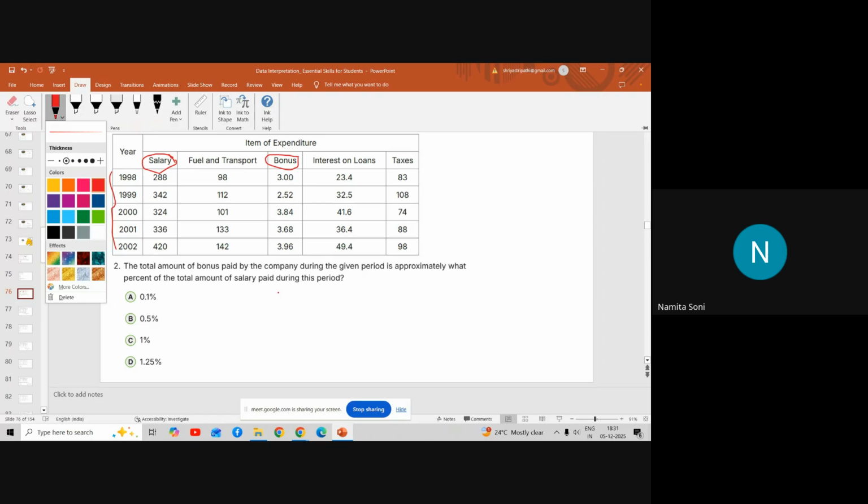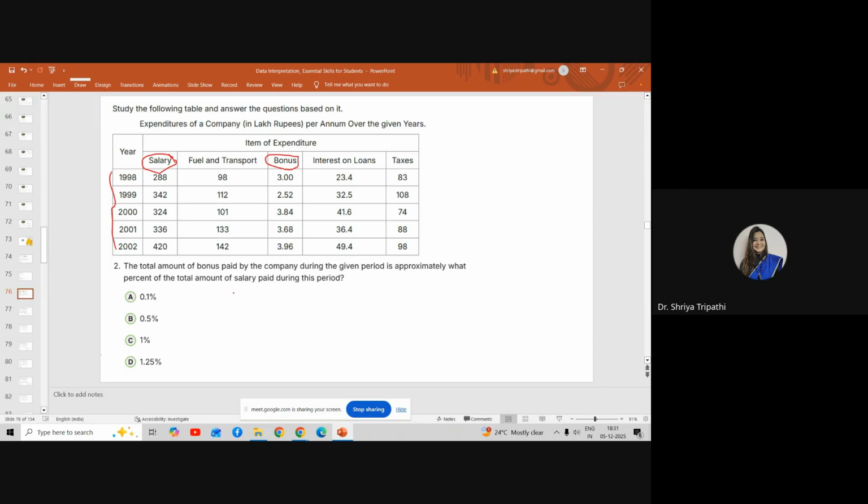Ma'am, C. Okay. Ma'am, can you explain how? Yes, I'll do. The total amount of bonus paid by the company during the given year.